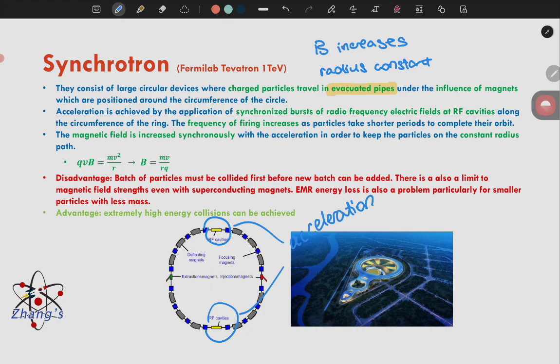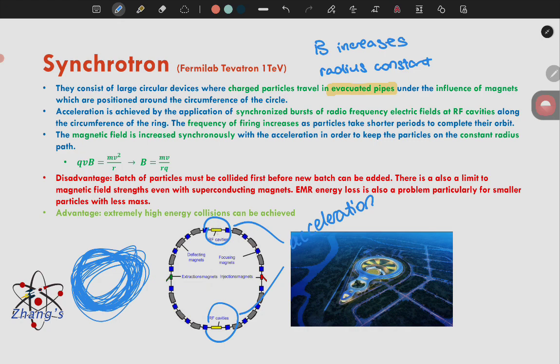And so, as you can imagine, as they increase in speed, they're going to return to these radio frequency cavities at a high frequency as well. It's like you start off slow and you increase until you get really fast, so you start going between the RF cavities at a much higher frequency.